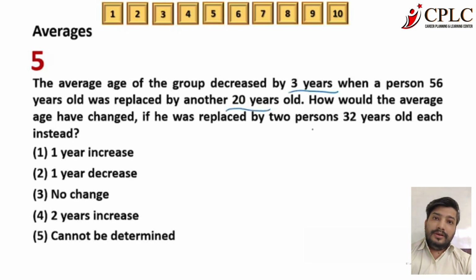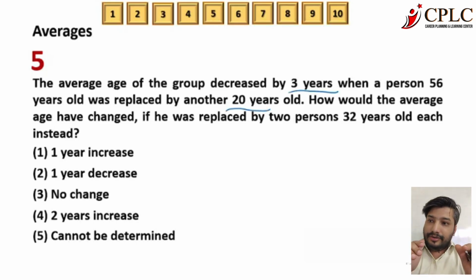Now here, one very simple funda you have to remember. The first part: the average decreased by 3 when the 56 years old guy was replaced by one guy who is 20 years old. That is, one is going, one is coming, and that is okay.